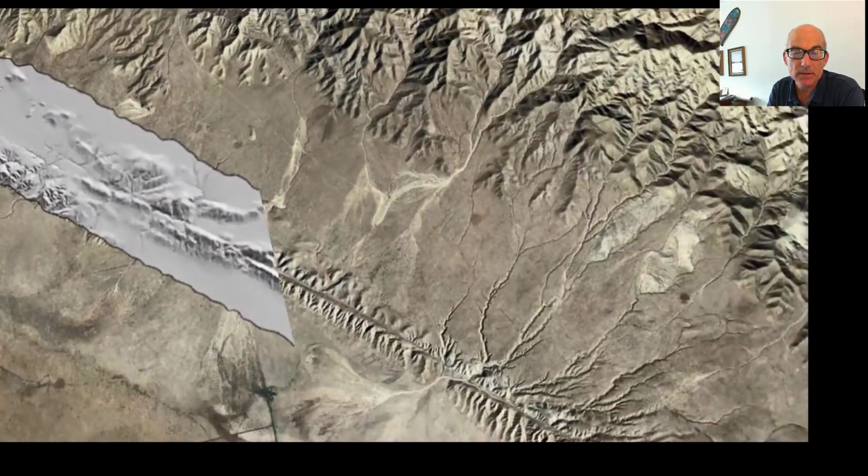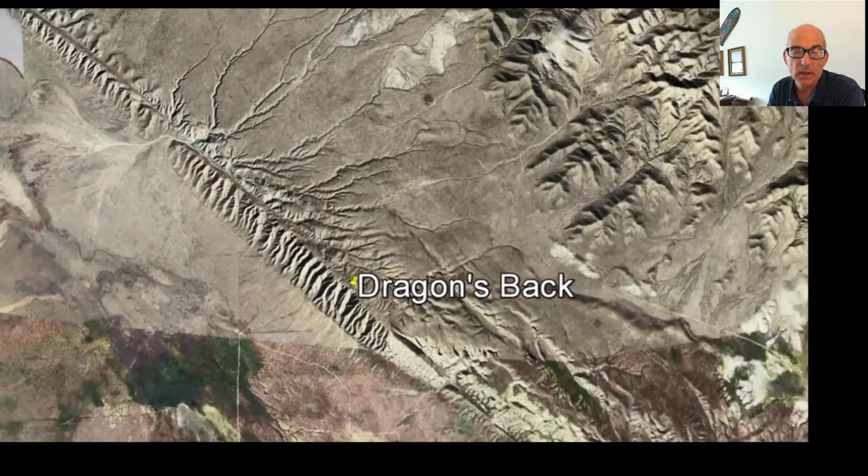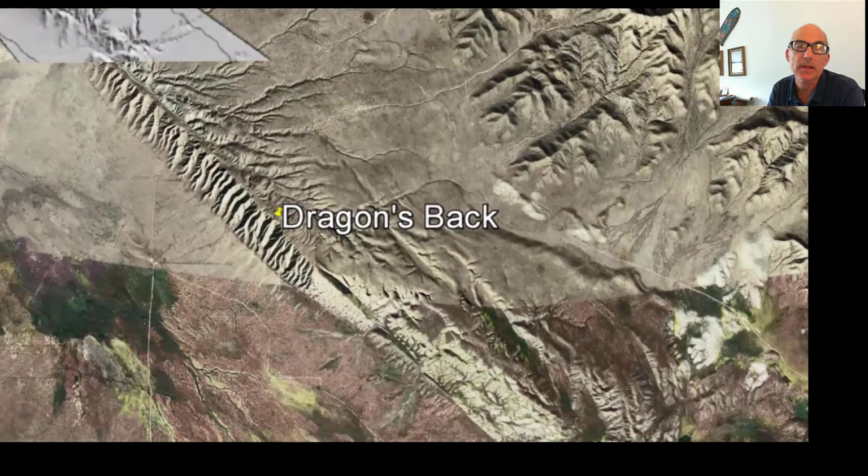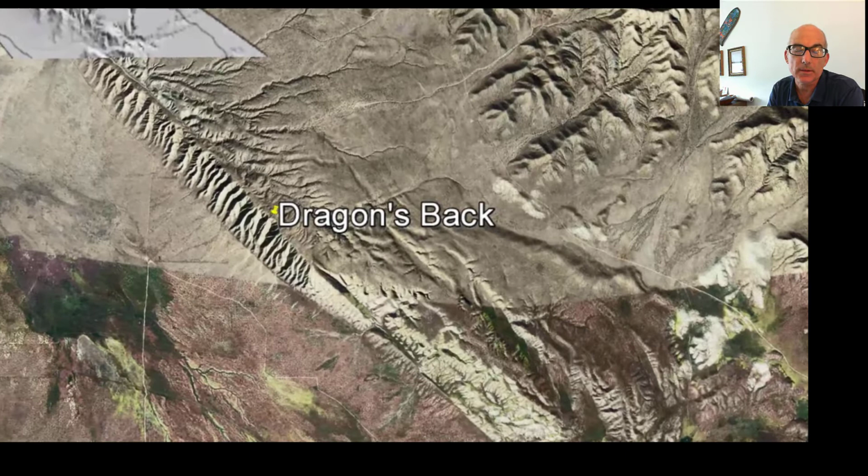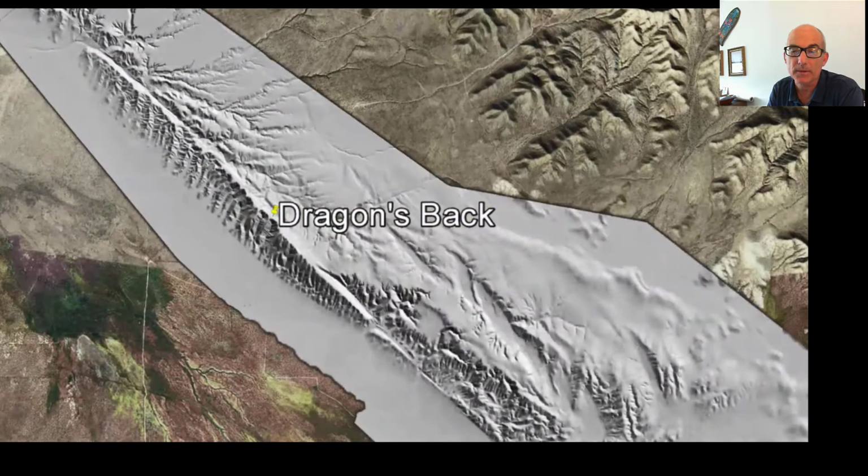And here we're flying to the southeast, and we come to the southern Carrizo Plain where the data broaden the topography hillshade, and this really spectacular feature called the Dragon's Back is here. It's about 3 kilometers long, parallel to the fault zone.